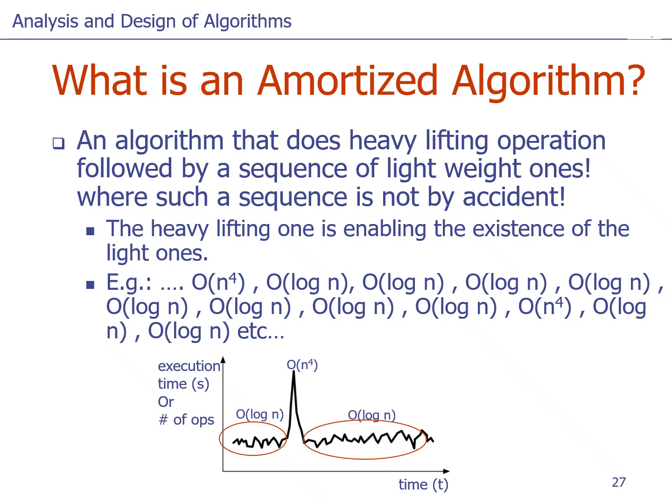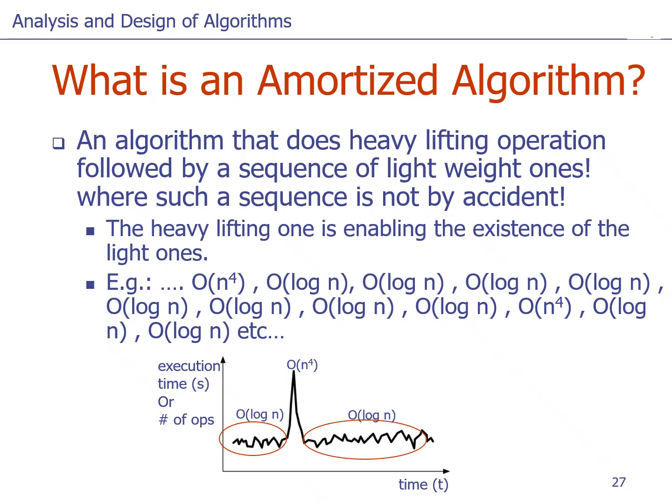Whoever designed an amortized algorithm is thinking along those lines, that we are going to do from time to time an expensive operation, a heavy lifting operation, to be able to get better performance afterwards. In other words, the heavy lifting operation is doing something that will stay with us in the internal details of the algorithm or the data structure we're working with.